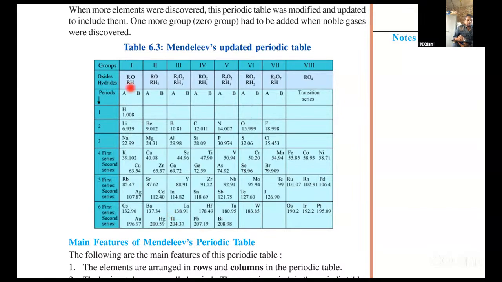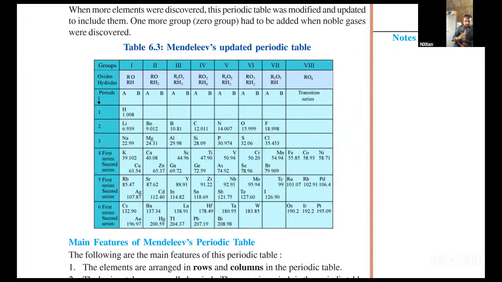If hydrogen is in the first group, then it should also have similar properties with lithium, sodium, potassium. But it was not true. Hydrogen, lithium, sodium, they don't have similar properties. So the first defect is that he placed hydrogen in the first group, but it doesn't have similar properties with the first group elements.